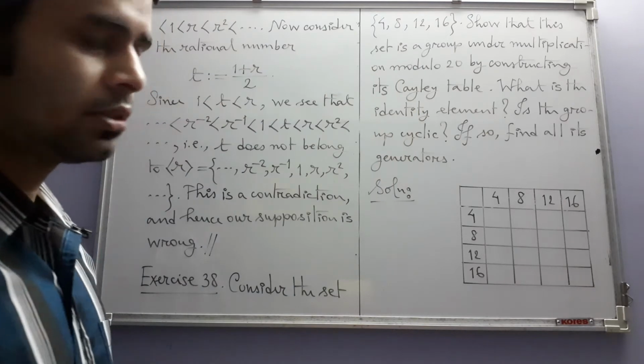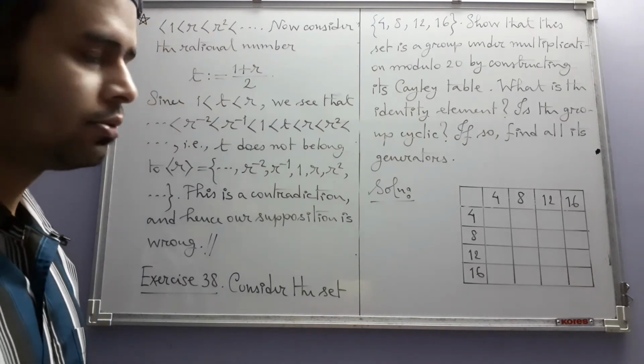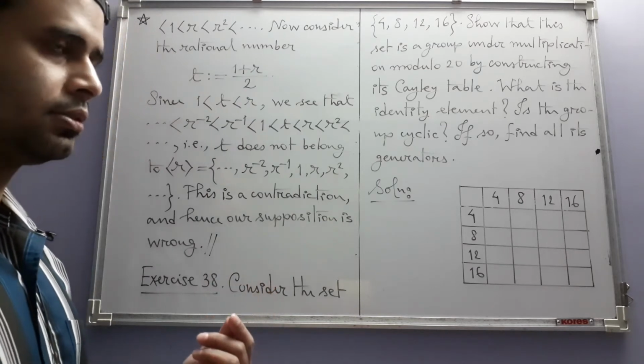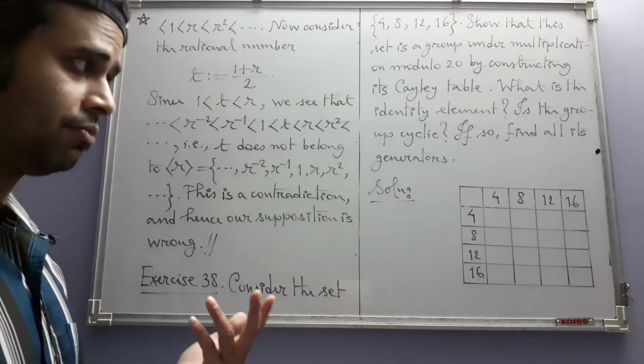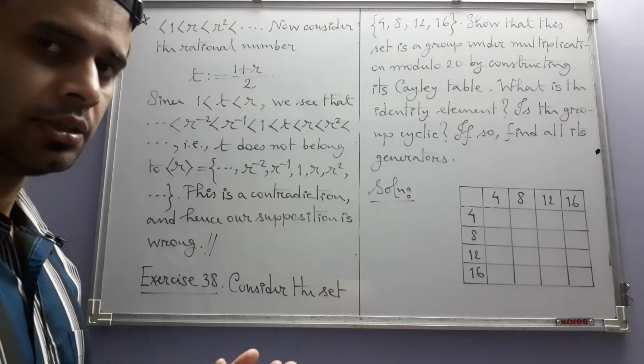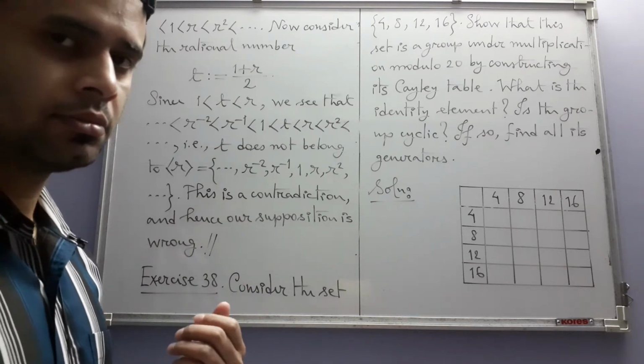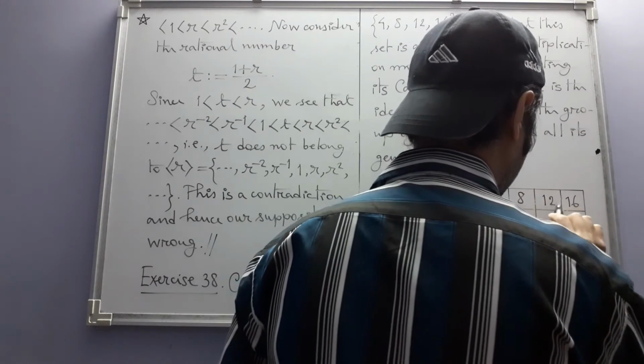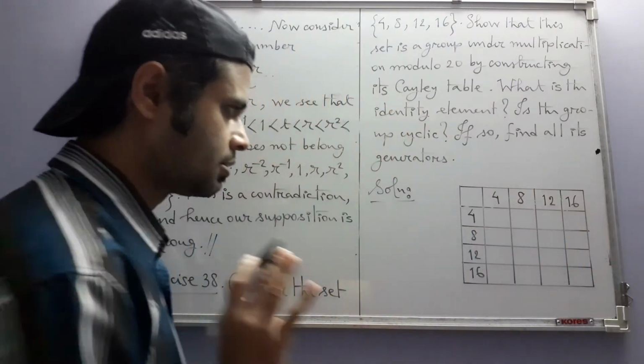The operation is multiplication modulo 20. That means we have to multiply two elements and then we have to divide the product by 20. The remainder is the result, the product of the two elements under this operation.